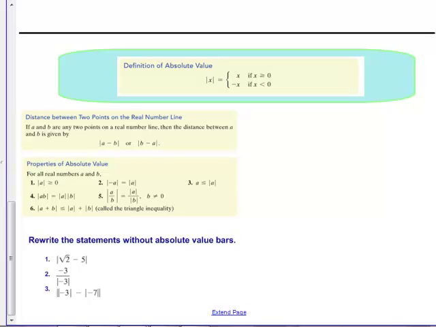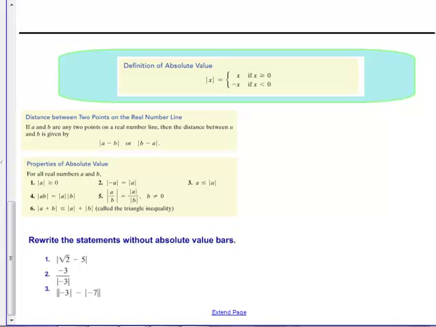The absolute value of a plus b is less than or equal to the absolute value of a plus the absolute value of b. We won't go into it too hard, but essentially, if one of those is a negative and one's a positive, the absolute value of a plus b is going to give you a smaller answer than the absolute value of a plus the absolute value of b. The absolute value of negative a is the same as the absolute value of a.